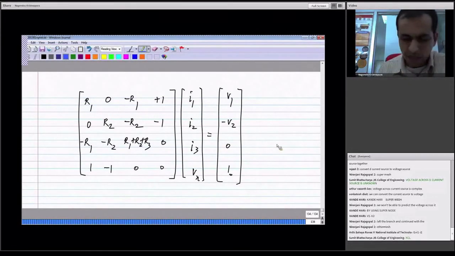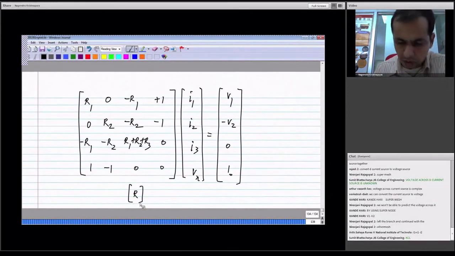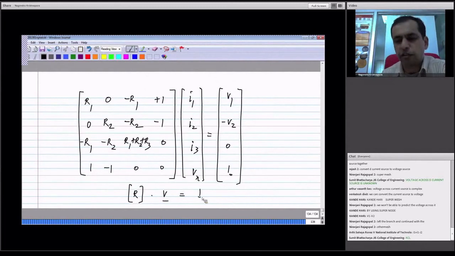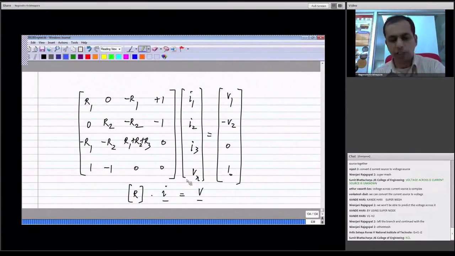So the setup is still in terms of resistance times the variable current vector equals the source vector. But this variable vector also consists of this auxiliary variable, which is the voltage across the current source. And similarly, the right hand side vector consists of independent sources, which consists of voltage sources as well as current sources.